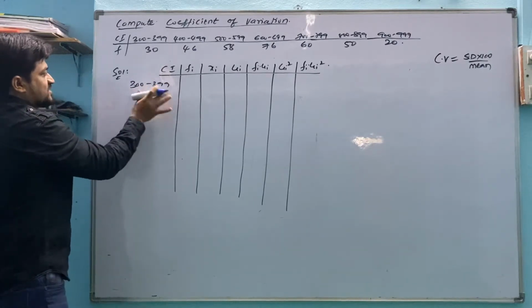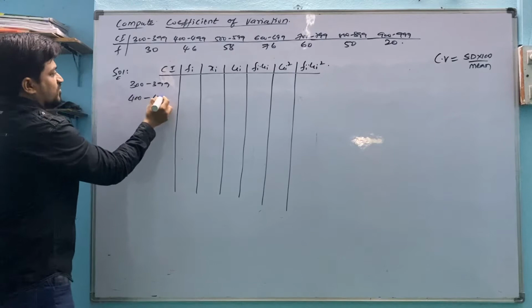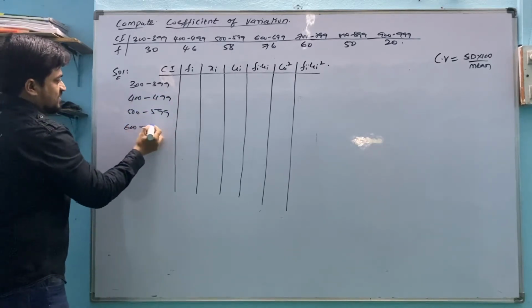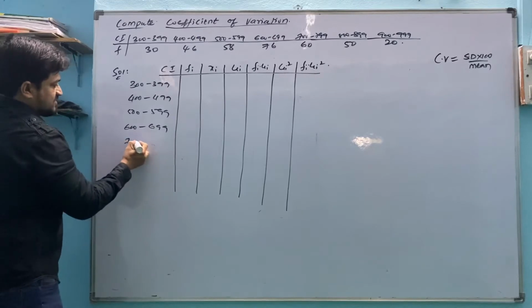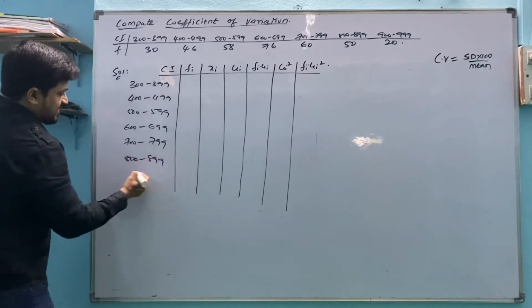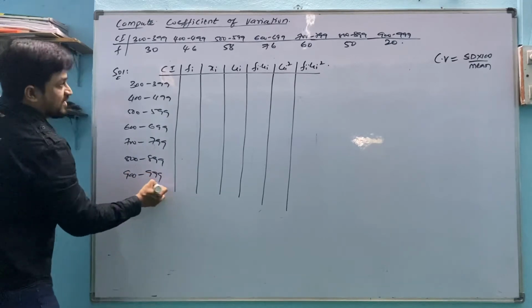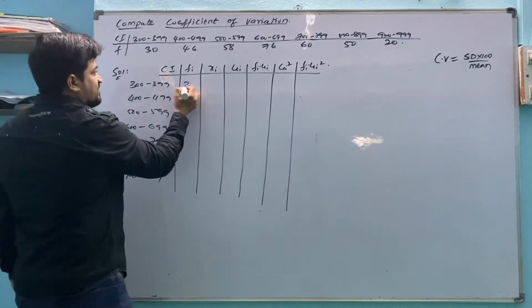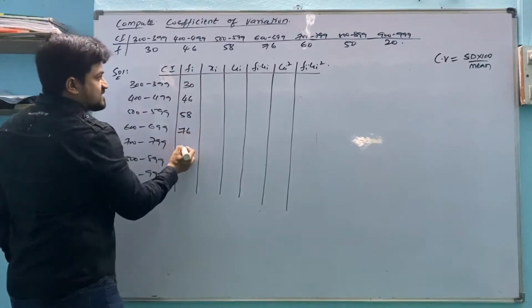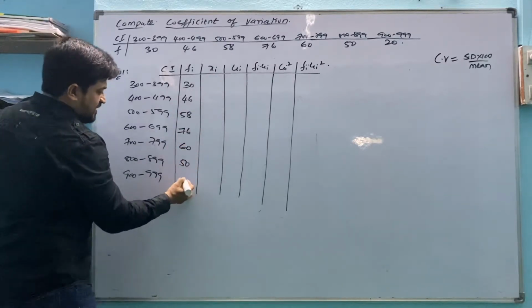Copy those things here. 400 to 499, 500 to 599, 600 to 699, 700 to 799, 800 to 899, 900 to 999. Then we have 30, 46, 58, 76, 60, 50, 20.